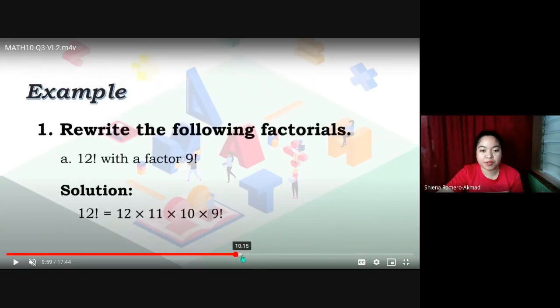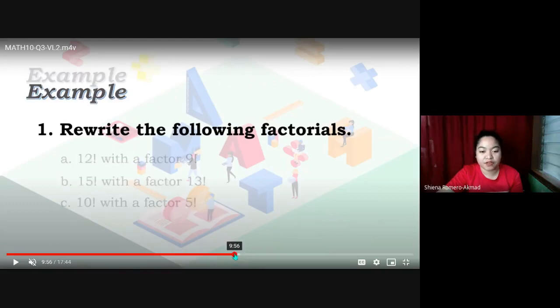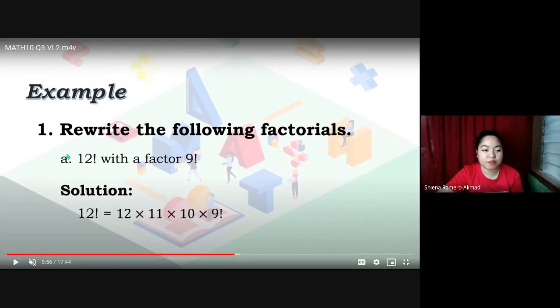Now, for more examples, let us have writing of factorials. So, dito sa number, letter A, we have 12 factorial. Isasulat natin siya na dapat one of its factors is 9 factorial. So, pag ginawa mo yun, of course, you have to write 12 factorial following the product less than it.